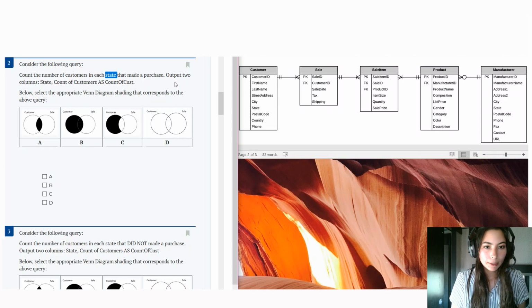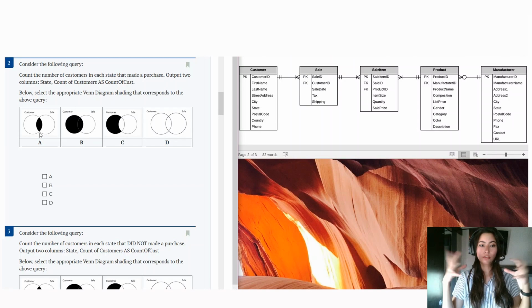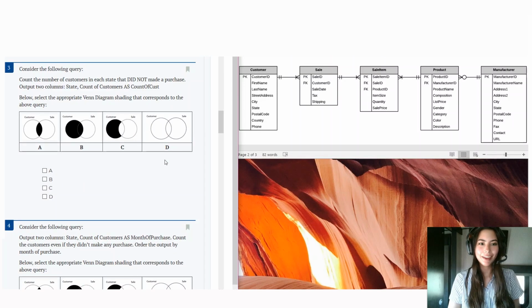So if we look at the output, 2 columns, state, count of customers, I'm thinking it's going to be this Venn diagram because both of the circles are mixed in together. They are sharing, pulling, giving information from each other. Customer entity and sale entity are doing that activity. They're sharing. Awesome.